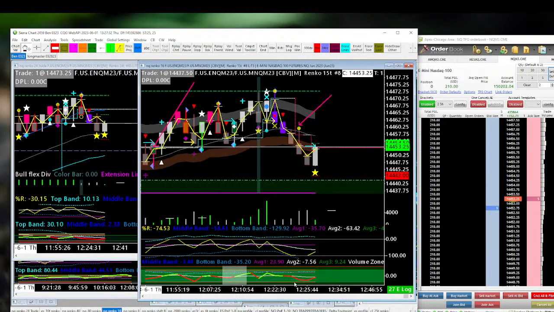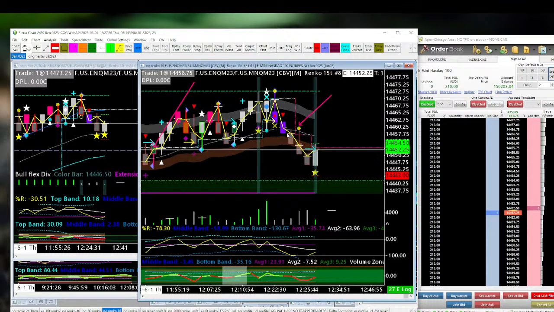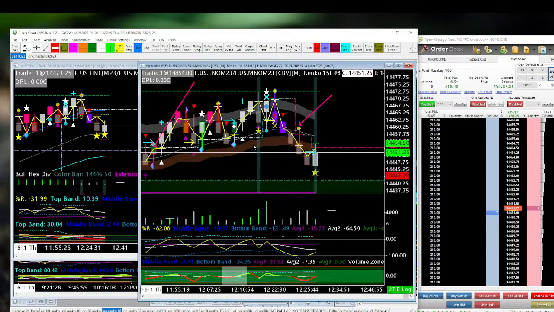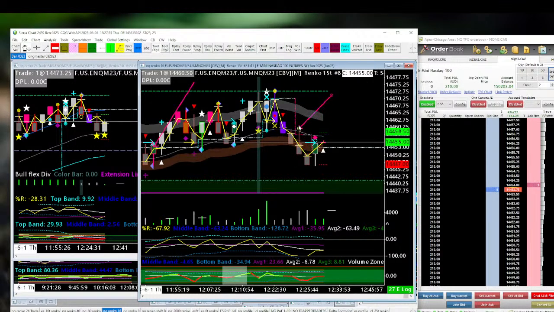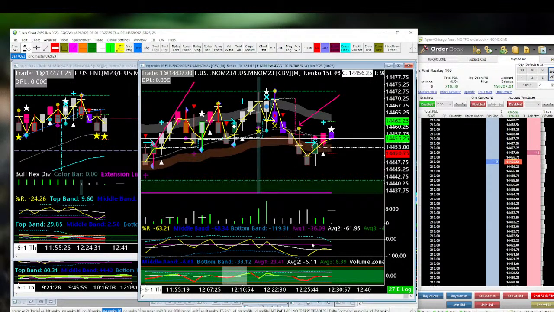But it's relative to range. That's the difference. Because volume delta is just like, are there more hits at the bid or at the offer? Like, are they lifting the offer or are they hitting the bid? But this is saying that compared to how far we're moving.